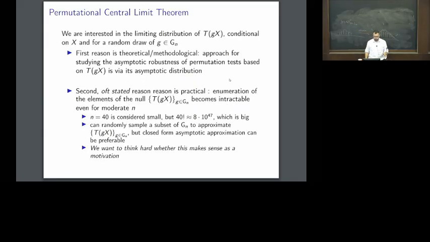Okay. Why are we interested in these? We're interested in the limit distribution of T(gX). We're interested in this object for theoretical and methodological reasons. That's going to be our approach for studying asymptotic robustness of the test, and I'll be very clear about that in a second.